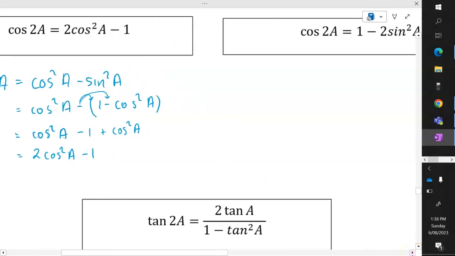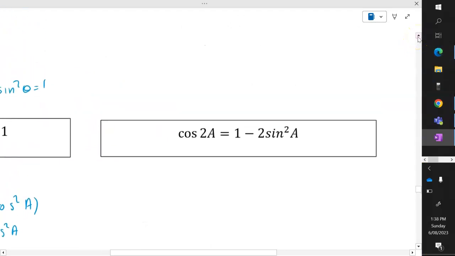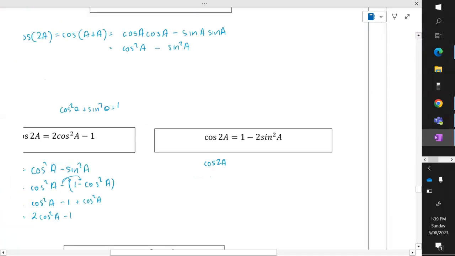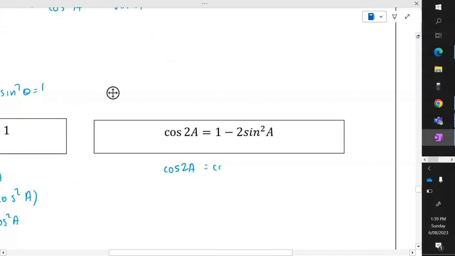Let's look at the next one. Okay, so that cos of 2A is equal to 1 minus 2 sine squared A. Similar proof. Cos of 2A, what did we do up above? We said it was cos squared A minus sine squared A. What we will notice is that this time we only want our answer in terms of sine.